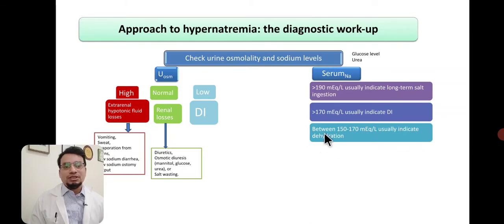If the serum sodium is between 150 and 170 millimole per liter, it usually indicates dehydration. Then we should look at whether the urine osmolality is high or normal. Fine. So this is the approach to hypernatremia, so that you can find out the causes and treat it.